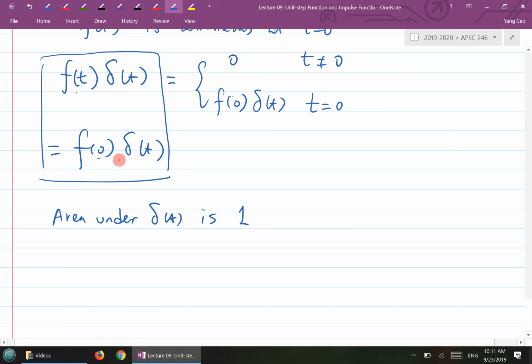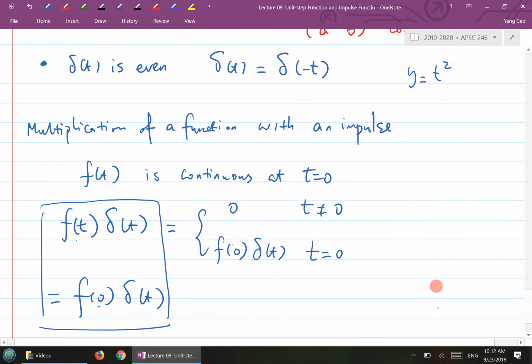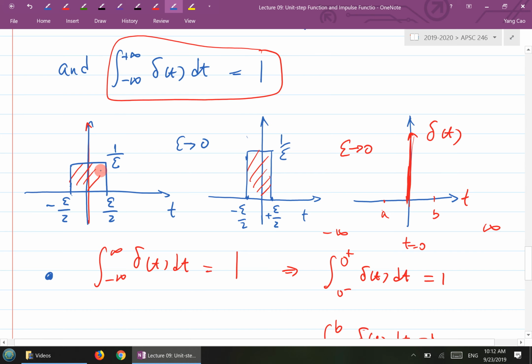Now coming back to f of 0 times delta t, what do you think the area under it is? Exactly, it's f of 0. You multiply a number, f of 0, with delta t. It's like multiplying this area with a constant number, so all it does is scale up this area by the number.